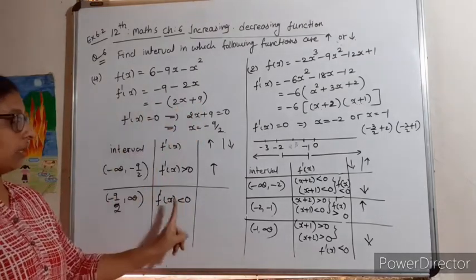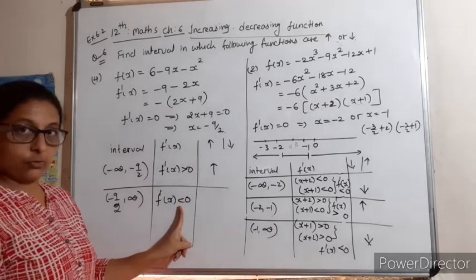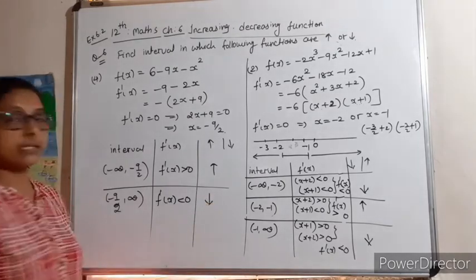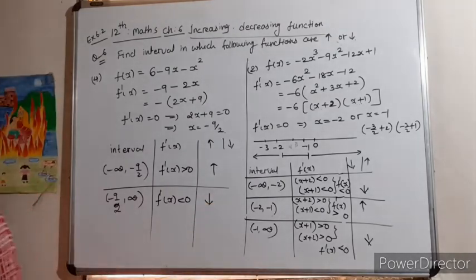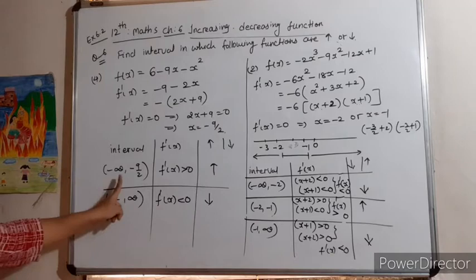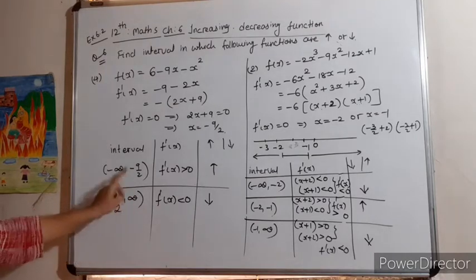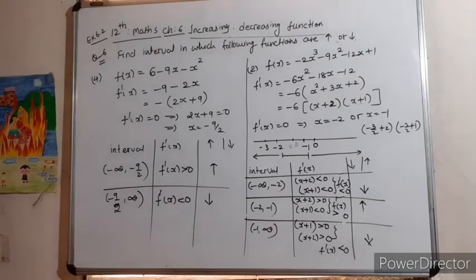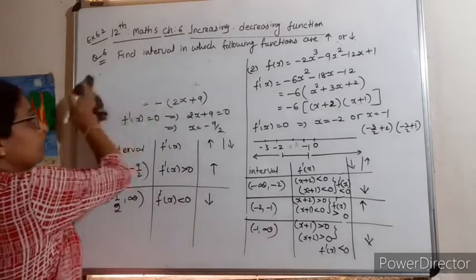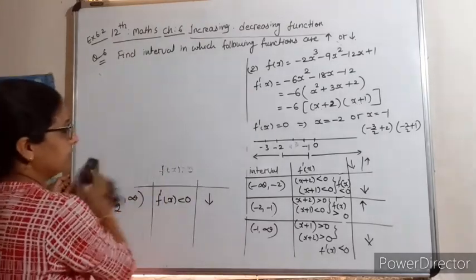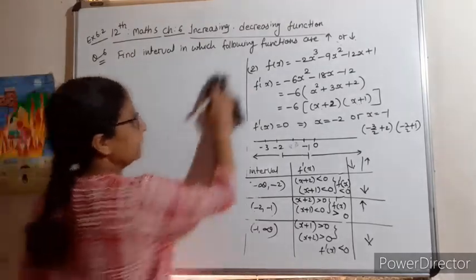But ये negative है तो ultimately less than 0 होगा and therefore it is decreasing. So बाहर का जो minus है उसे हम take care करेंगे. So in this interval it is decreasing, in this interval it is increasing. Okay? Yes. Then we'll go to the next question, that is question number 5 of sixth question का fifth sum.